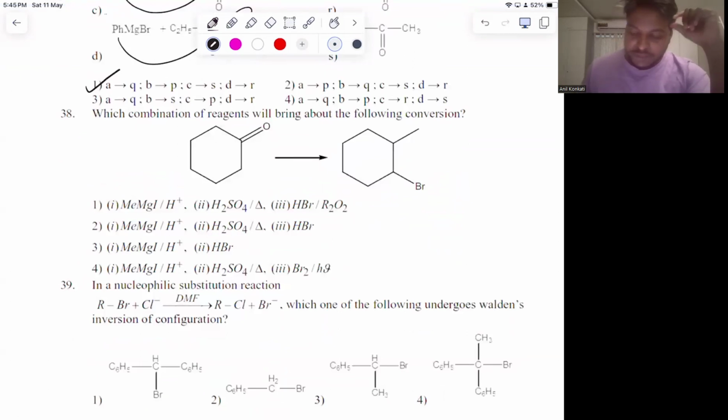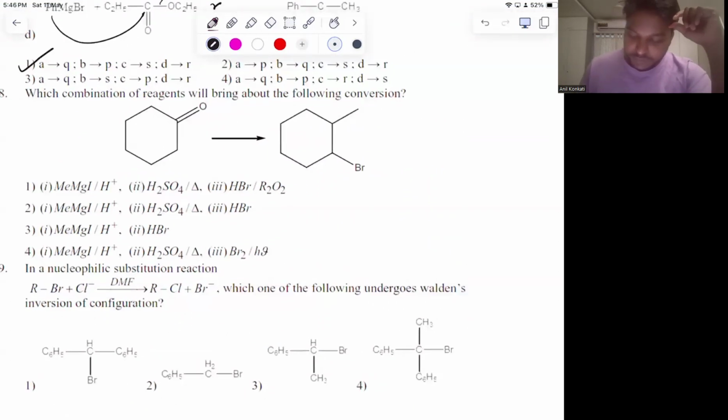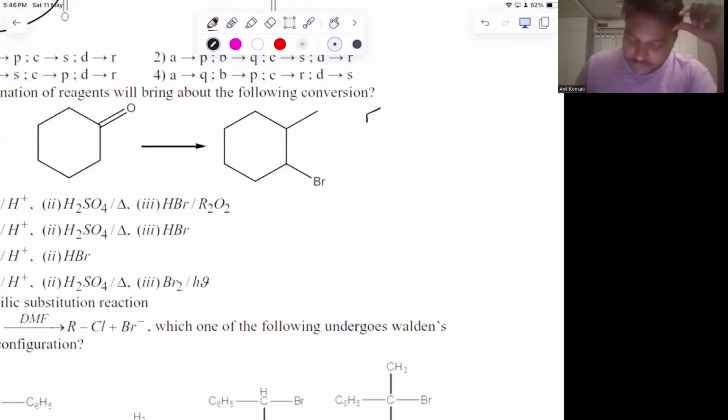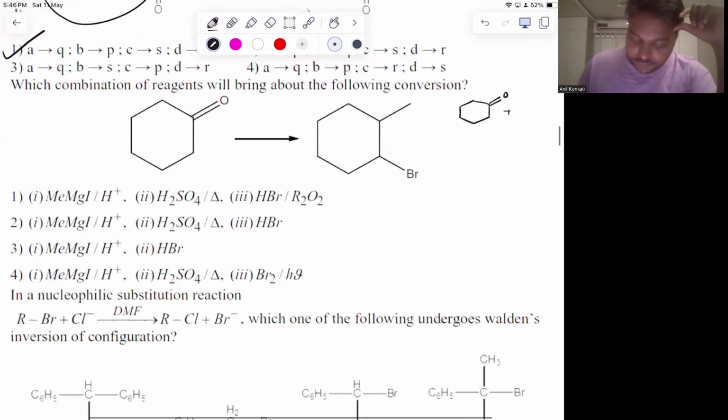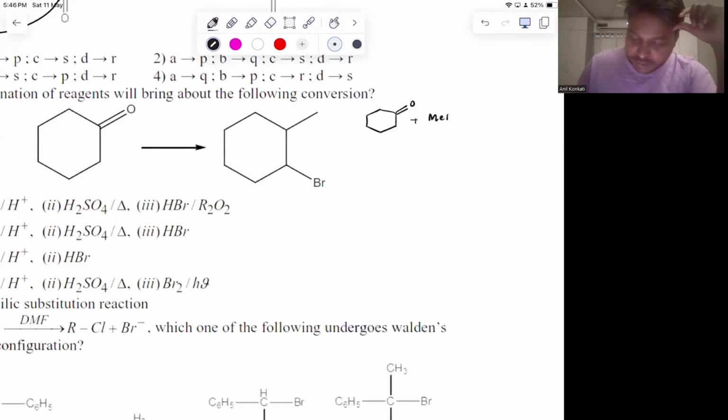Which combination of reagents will bring the following conversion? So let us see this. First, I have a keto group here. If I treat that with MeMgI, I would first get an adduct of O-MgI+ with a methyl group on it. That on hydrolysis will make it OH.